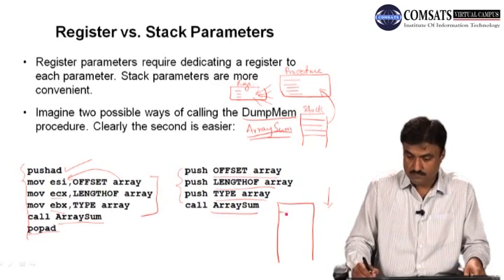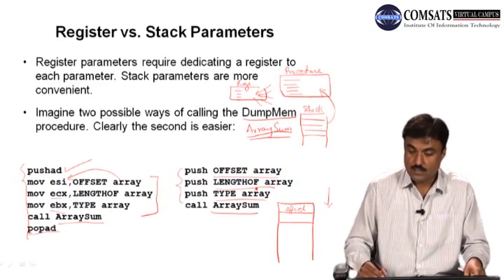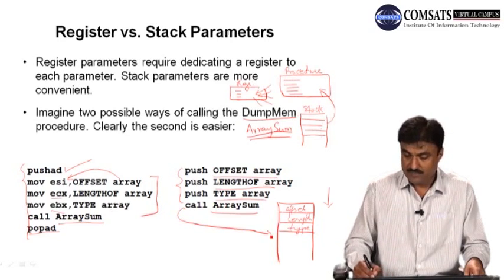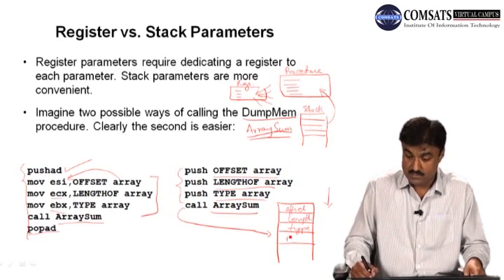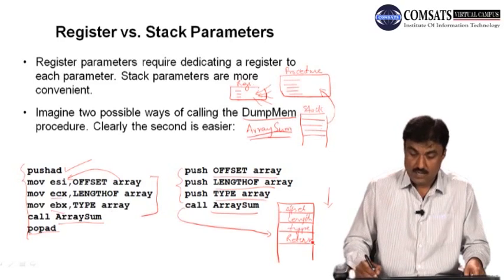Initially when we push, the offset value, the address of an array, will be pushed. Then the length of an array will be pushed, and then the type will be pushed. And when you are calling a procedure, it will push one more thing. It's called the return address. It will push the return address.